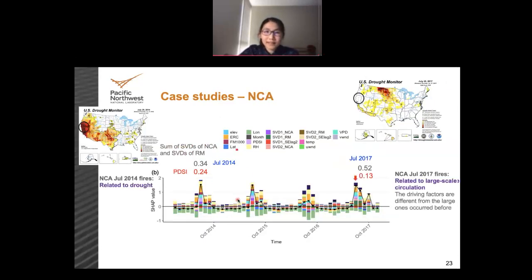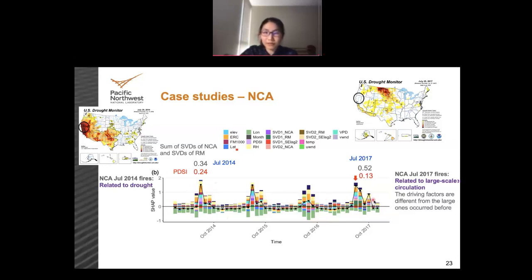Another case is Northern California. Here, same, the time series of the SHAP, and the line is the normalized burn area. We see for this region, the fires occur almost every year in the summer, but the driving factors are quite different year by year.